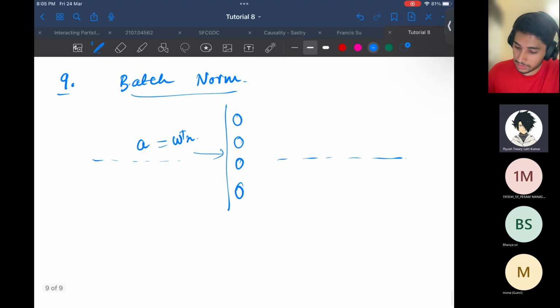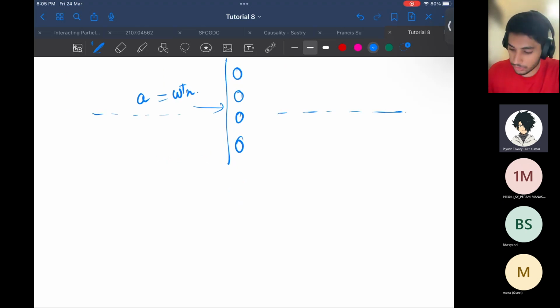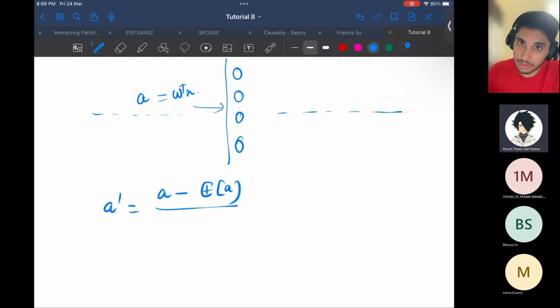What batch normalization does is it calculates some a dash, which is equal to a minus the expected value of a, divided by the square root of the variance of a.